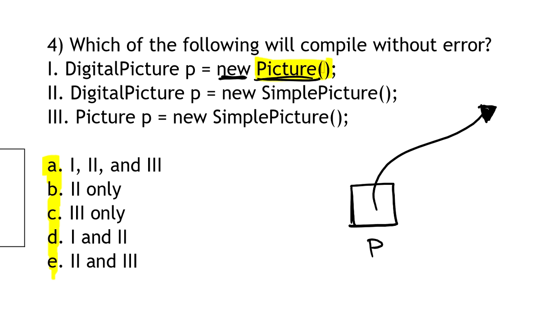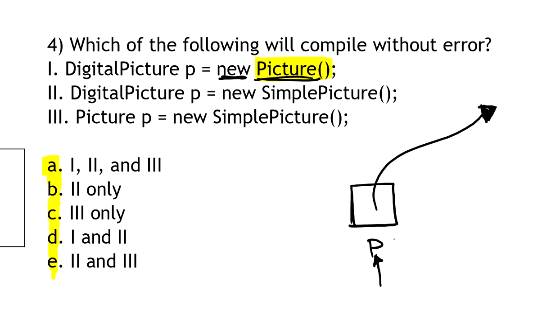One of the ways that I like to think about this is that this thing specifies a bunch of methods, a bunch of methods that it contains or inherited, and certainly anything that's spelled out in the picture class covers everything required by a digital picture. In fact, I think defining it this way limits the variable just a bit, in that this variable P, because it's a digital picture variable, is only able to access those functions spelled out in the digital picture interface.